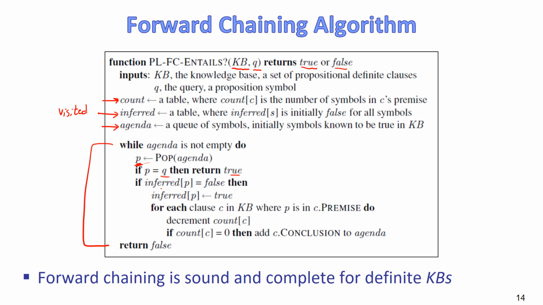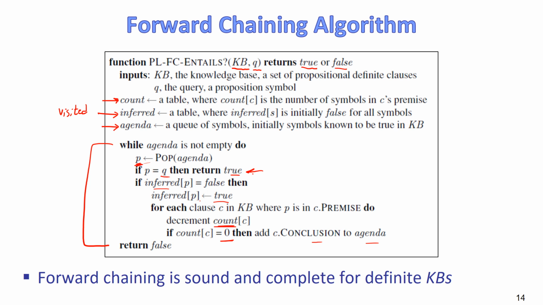If it is visited before, then we skip it and we get something else from the queue. If not, then we indicate that it is visited, and we decrement the counters that are attached to it. Once one of these counters is 0, then we add its conclusion to the agenda. Okay, and continue. So we'll get out of this in two cases.